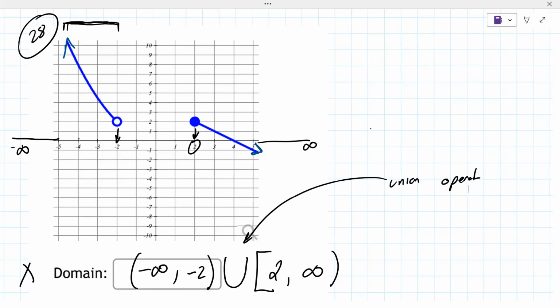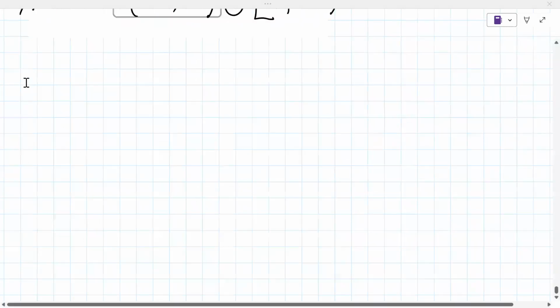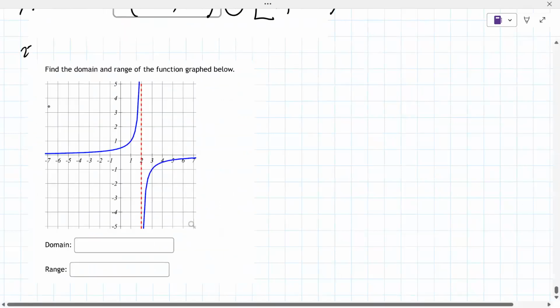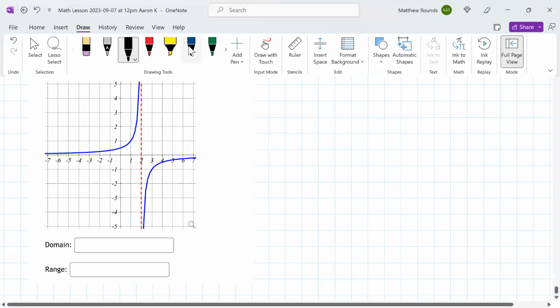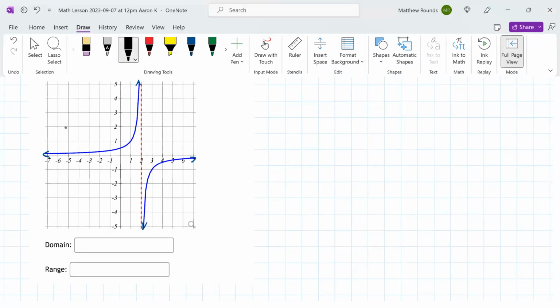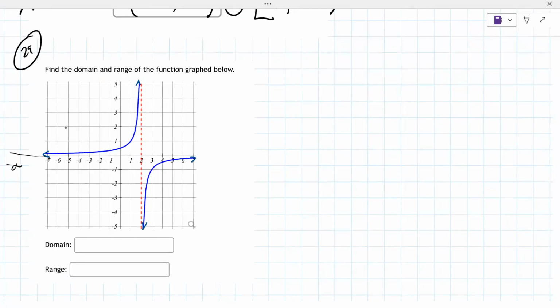Let's go to 29, domain and range. Let's do the domain again. Start with domain. That goes left, that goes up, that goes down, that goes right. Maybe it helps to draw some things: that's minus infinity, that's positive infinity.